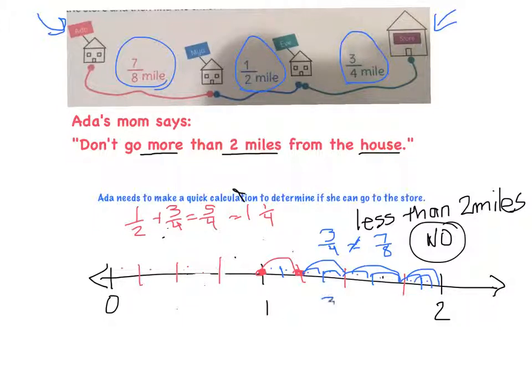So 3/4 equals 6/8. So we know we have 1/8 left. So she's going to go 2 1/8 miles to the store, which means that our answer was correct.